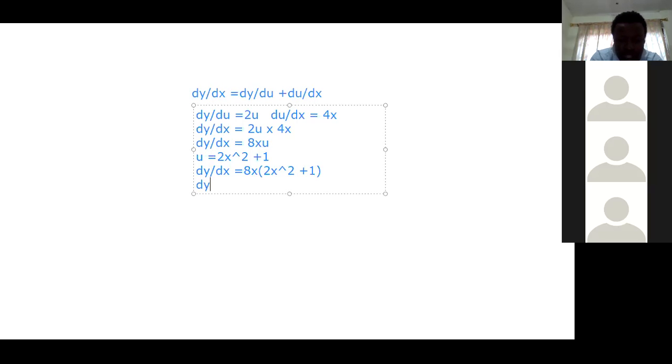So our dy/dx is equal to 8x times 2x squared will give us 16x cubed, plus 8x. Sorry, it should be cube. So this will be our answer.